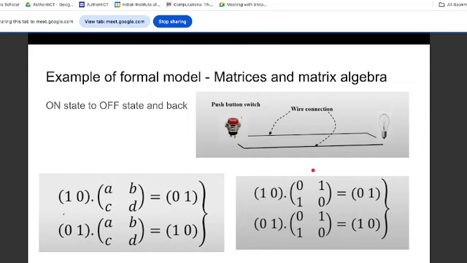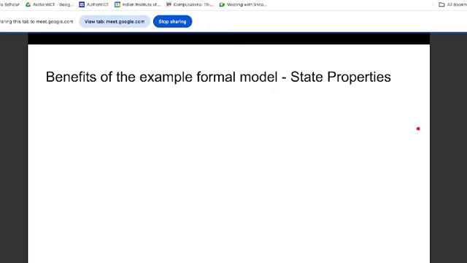Reachability is talking about whether from the on state we can reach the off state, and can we do the vice versa. That property is achievable in this model. The other one is reversibility.